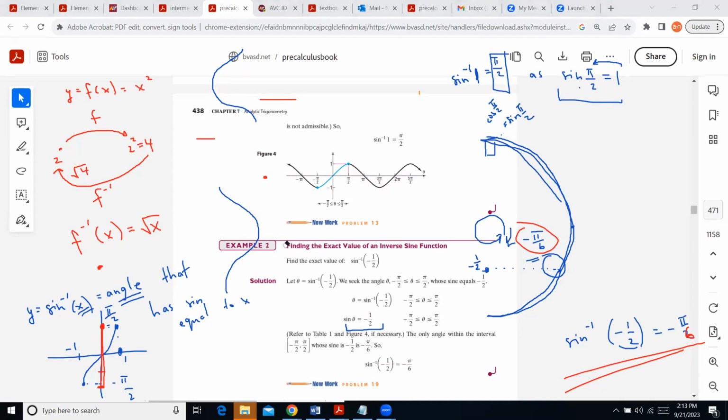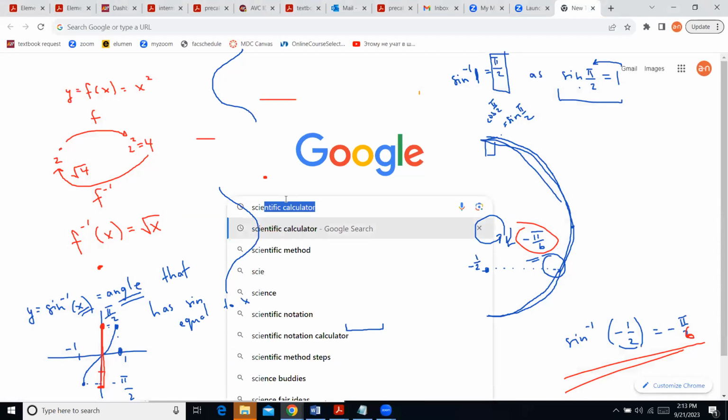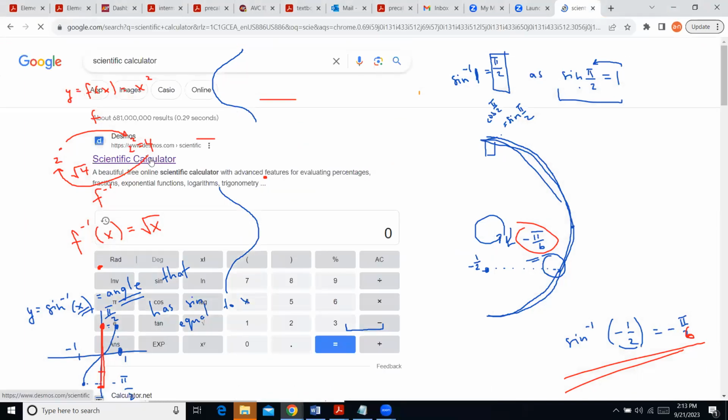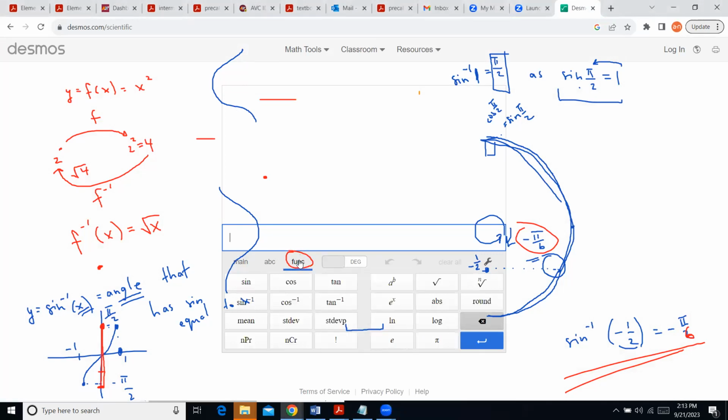But there is a way to check using a calculator. The only thing is that the calculator will give you decimal values. So let me go for the scientific calculator. Remember that decimals are the first choice. So to find function arcsine, I have to go to the function menu. When you click it, you will see all the choices for arc functions.